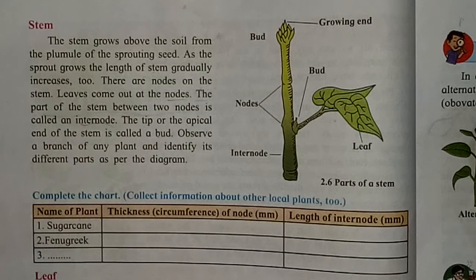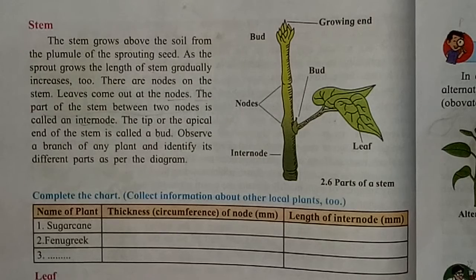One which grows downward towards the soil becomes the root, that is called radicle. The second part which comes out from that seed is the plumule, which grows further above the soil. That part is called the stem.